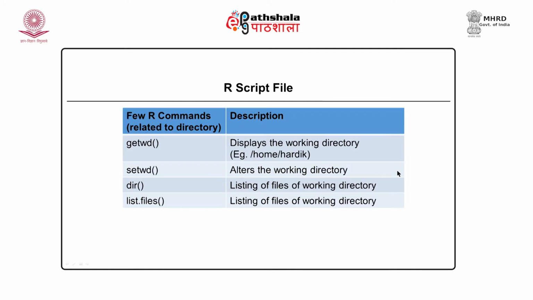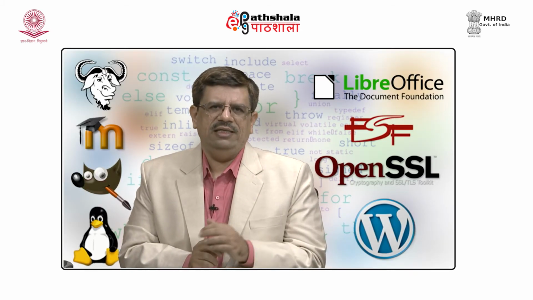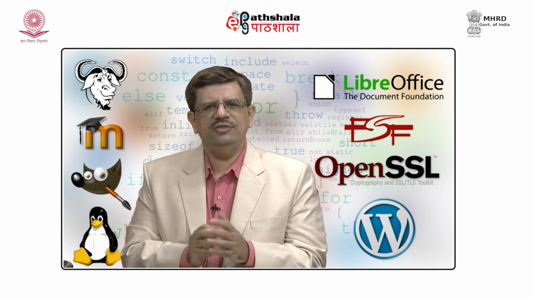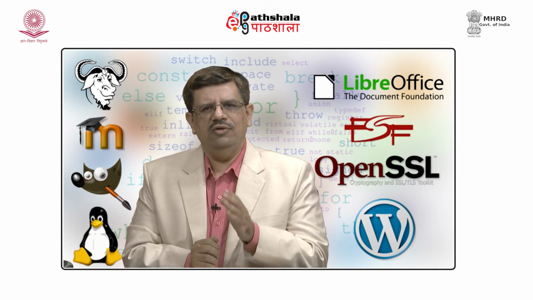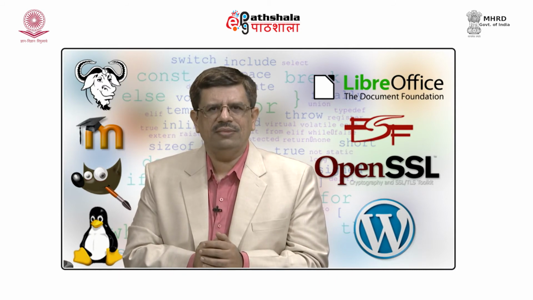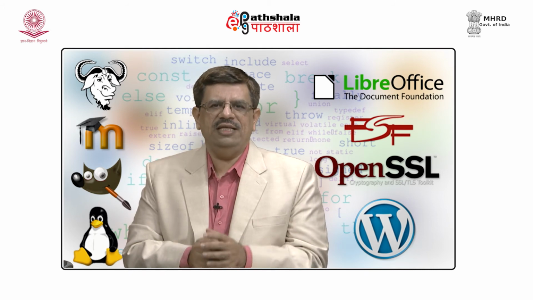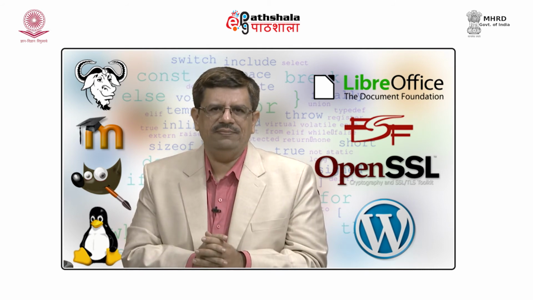R is an environment. There are working directories. By default, there will be some working directory. Generally, if it is Linux, the home directory with your username will be your default working directory. We can change the working directory, and there are commands to list files within our working directory.